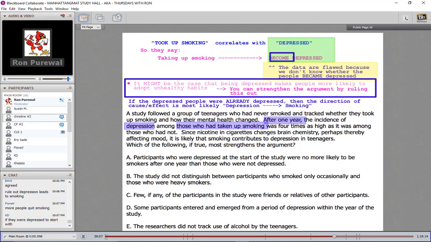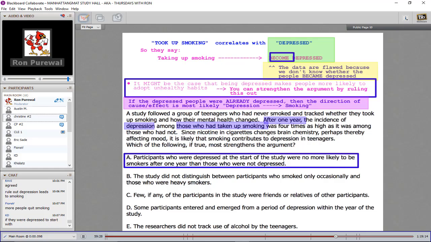So if you could rule that out, give me a smiley face if that makes sense. Because basically if the depression was there first, then that means the causation could not possibly go this way. That's what choice A does. Participants who were depressed at the start of the study were no more likely to be smokers.